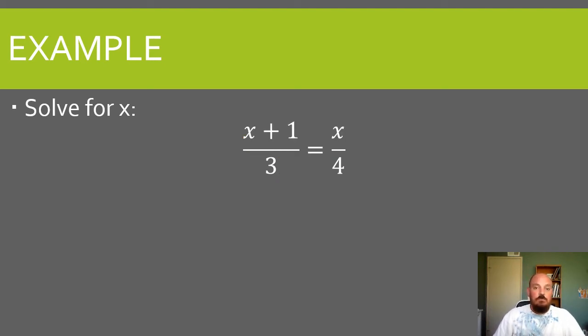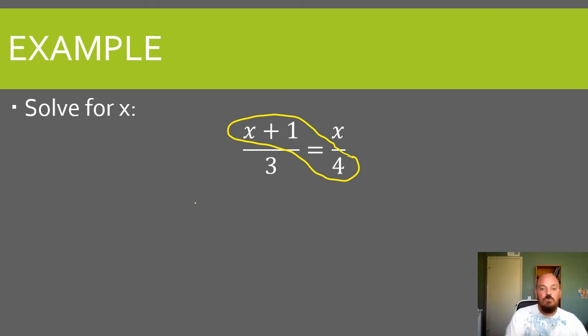x plus 1 over 3 equals x over 4. Let's do the cross multiplying again. So this time I'm going to multiply those. I have x plus 1 times 4. Now the x plus 1 is one thing, so I'm going to use parentheses. It's actually going to end up being distributive property.